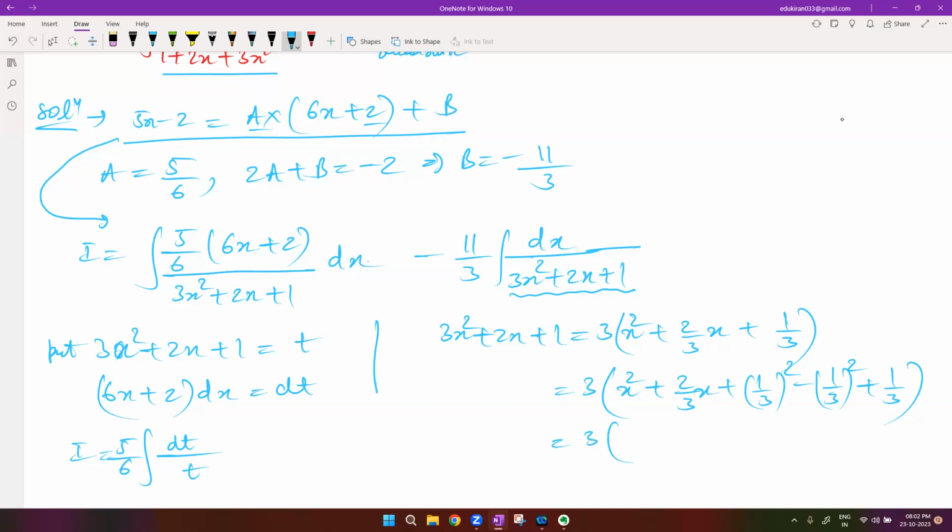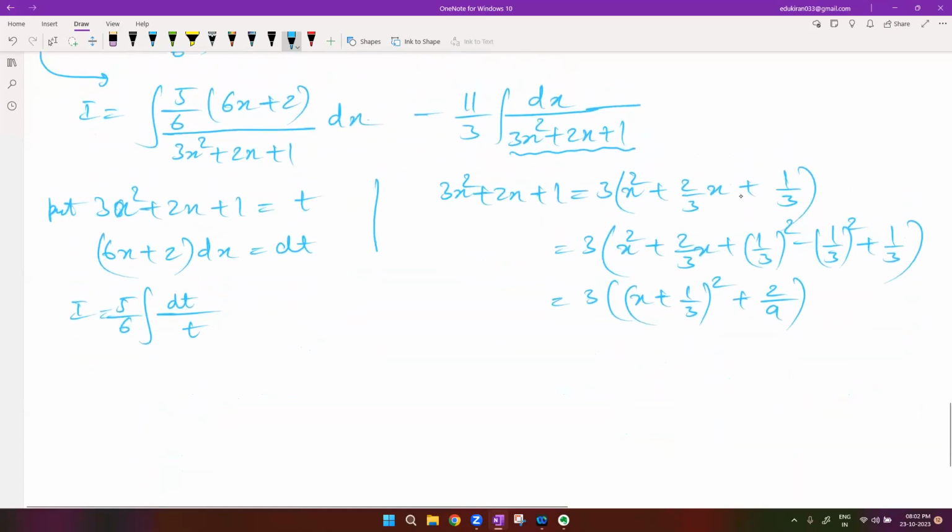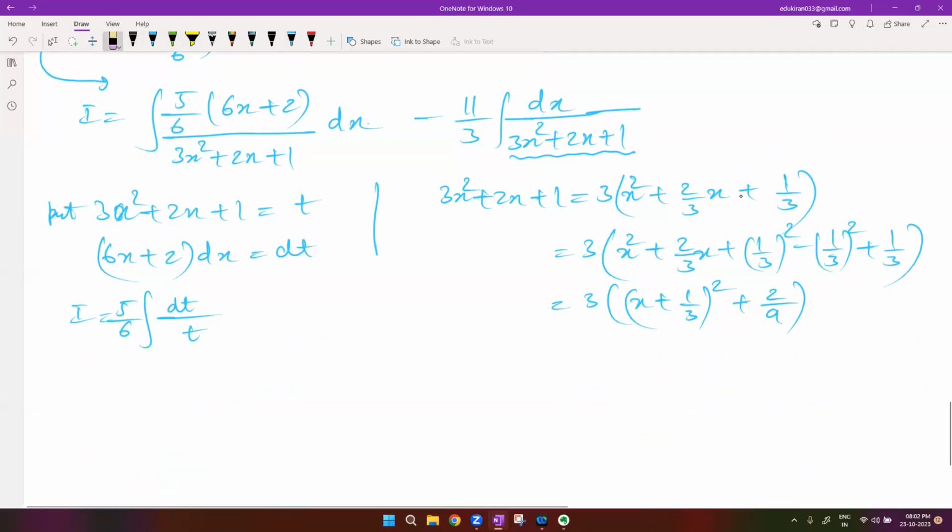Because this addition wala square will become a perfect square, and this can be written like this. So this whole value can be reduced to this expression.